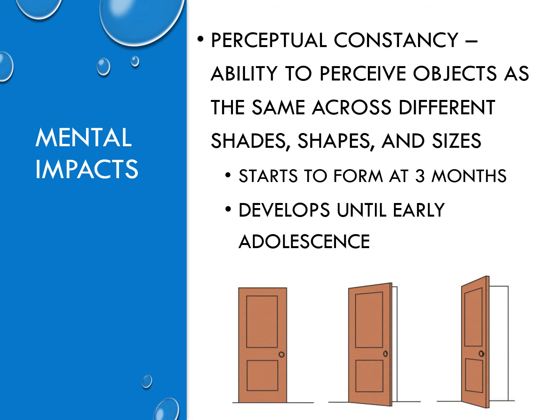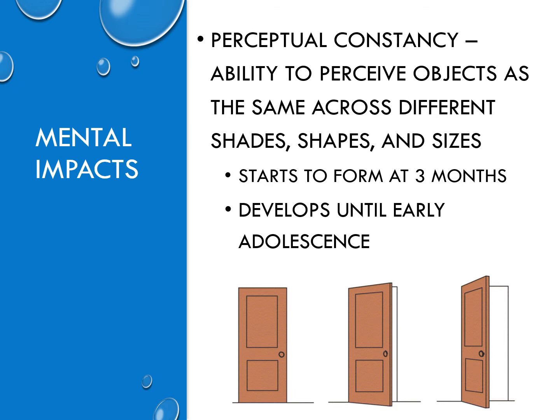Perceptual constancy deals with our ability to see things as consistent despite the fact that the images hitting our eyes are oftentimes changing. That means that if we look at a door that's completely closed, slightly ajar, or open, we don't think of that door as changing. As adults, we kind of take this for granted, but for kids who are just processing visual information, there is a learning curve that has to take place.